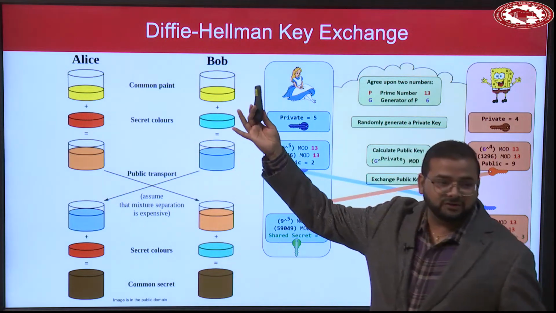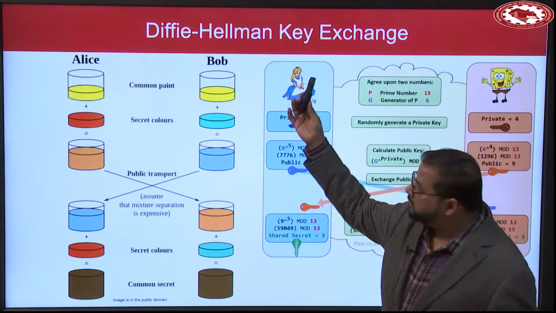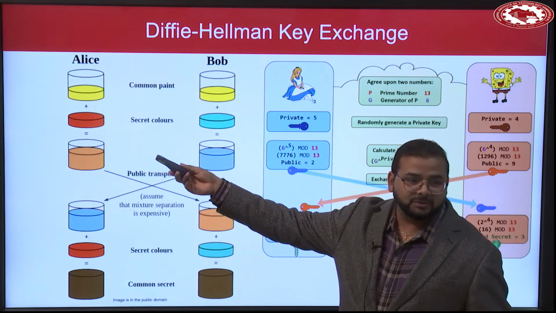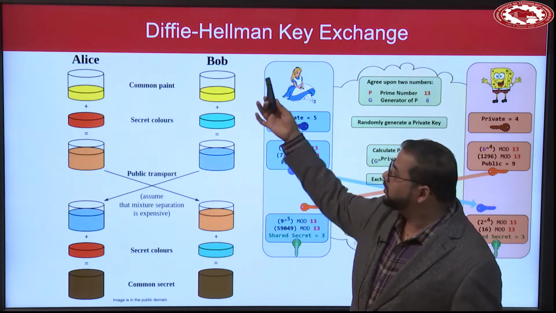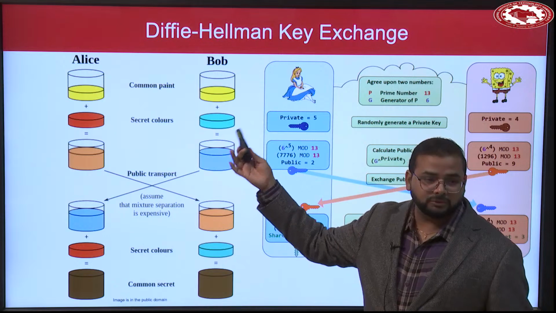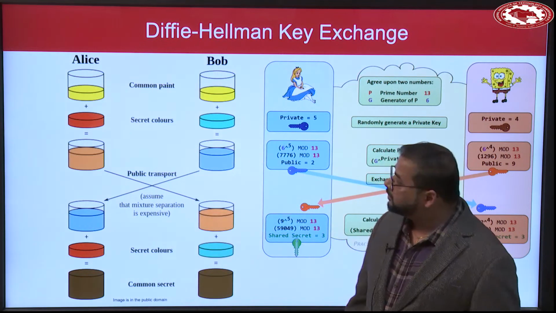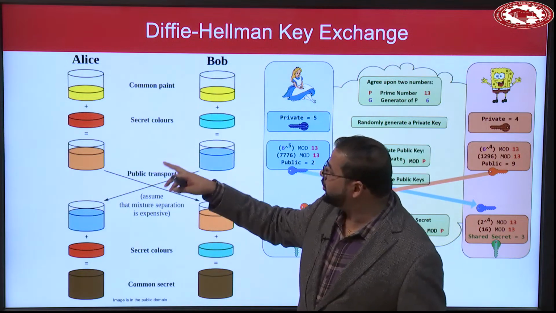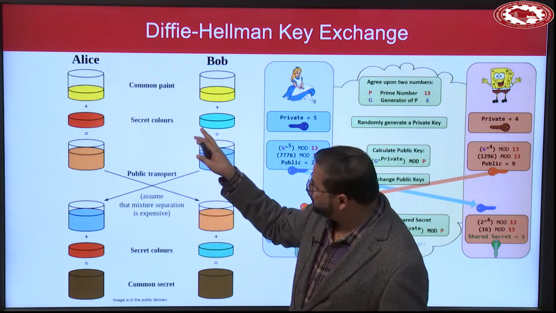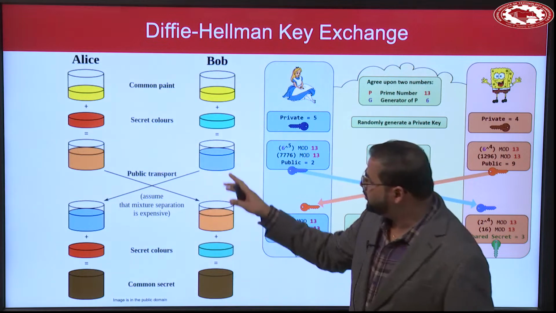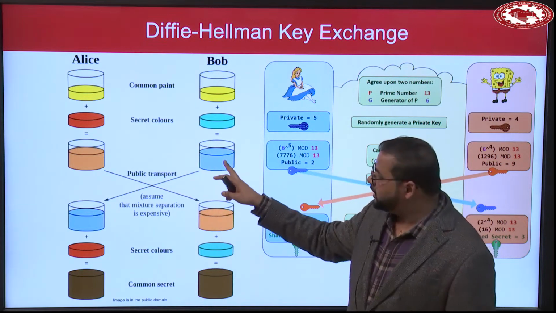this is n and g, common parameters. Alice can generate a random number, orange color. Bob generates a random number, blue, whatever. They exchange and mix it, right? So they mix, which is capital A and B, and they exchange it.